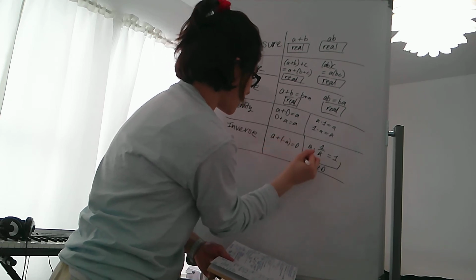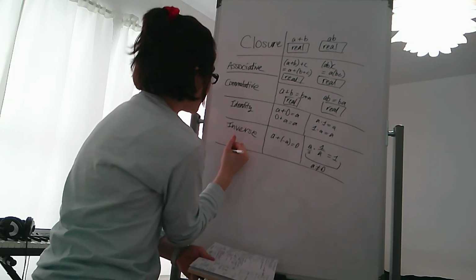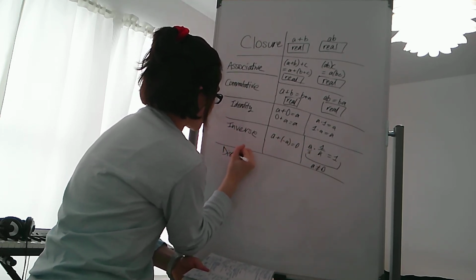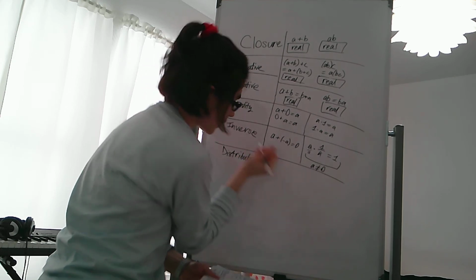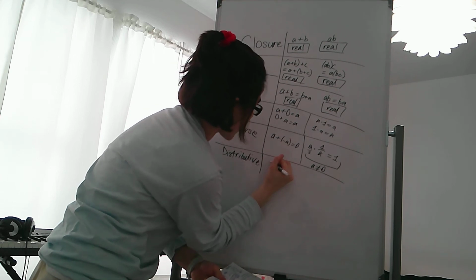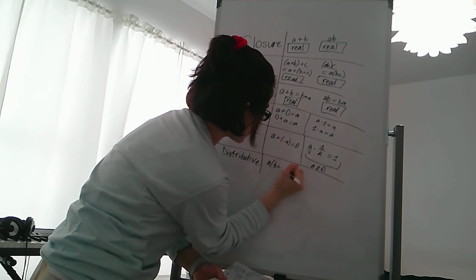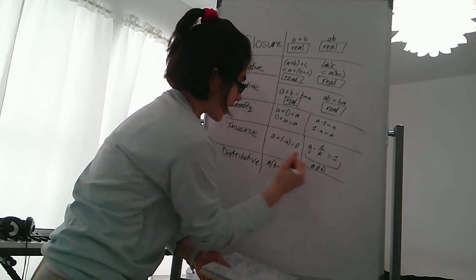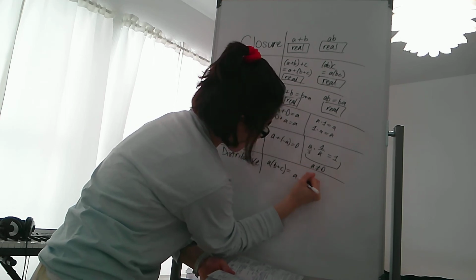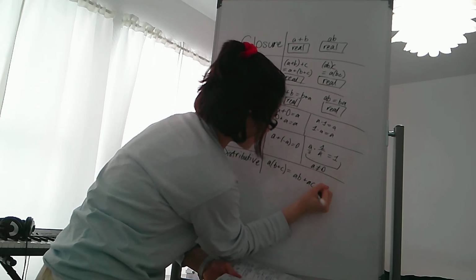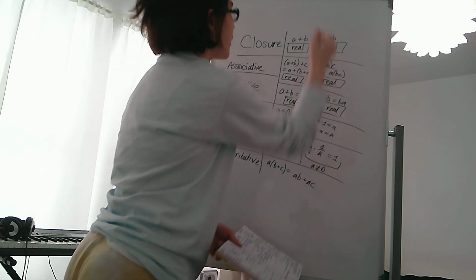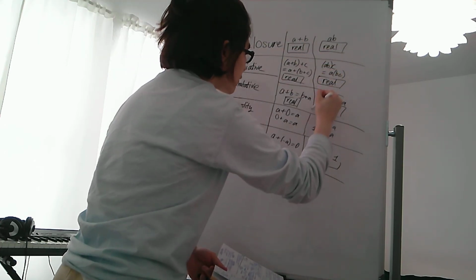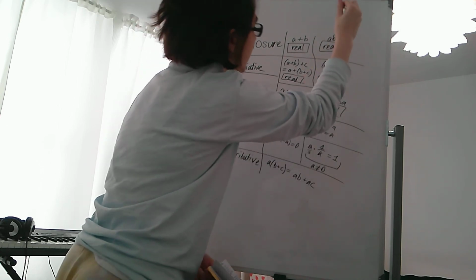Now we've got the last one, the distributive property. That is A times the quantity B plus C equals AB plus AC. You notice for all these other properties, there was an addition version on the left and a multiplication version on the right.